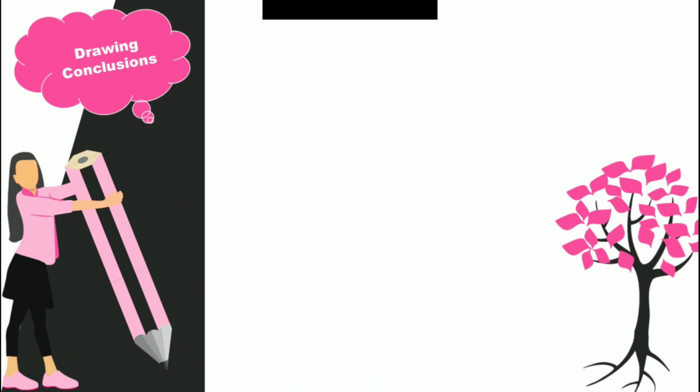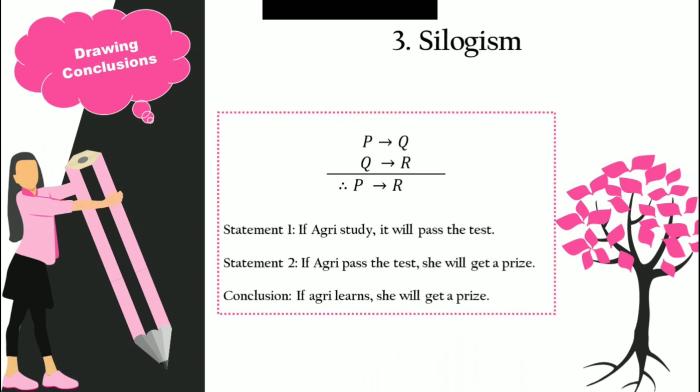Then the third is syllogism. If P then Q, if Q then R. Then the conclusion is if P then R. In syllogism, there is a transition word that connects statement 1 with statement 2. Consider the example. Statement 1, if Agri studies, she will pass the test.